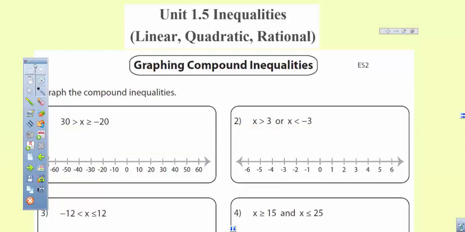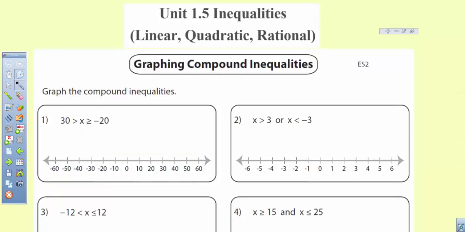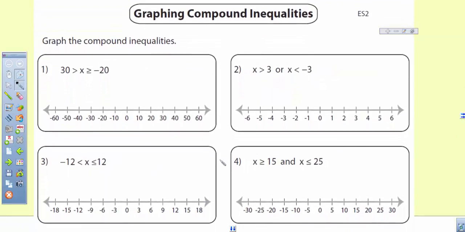So let's take a look at a couple examples here. Based upon what we've seen in the past couple slides, you would hit pause right now, try to copy these down and answer these questions, and then you play and come back and see what was going on. In the first one, we have negative 30 is less than. Well, greater than is going to be a parentheses, so you're going to use parentheses on that one, or an open circle.